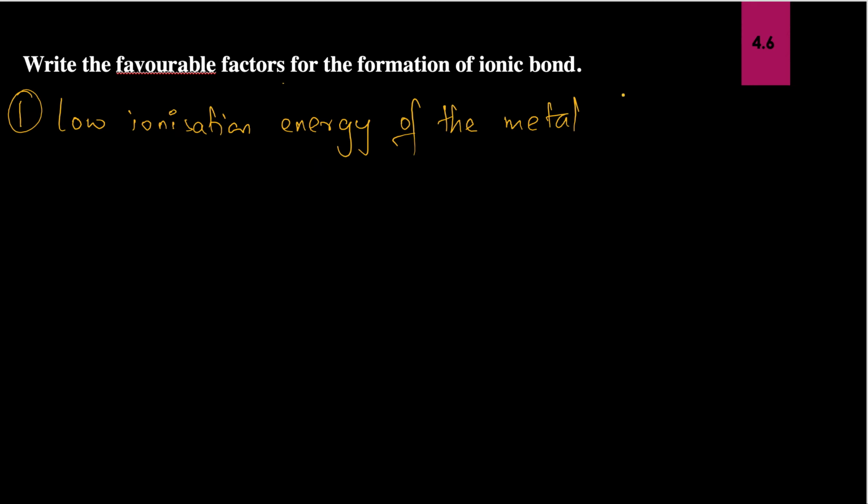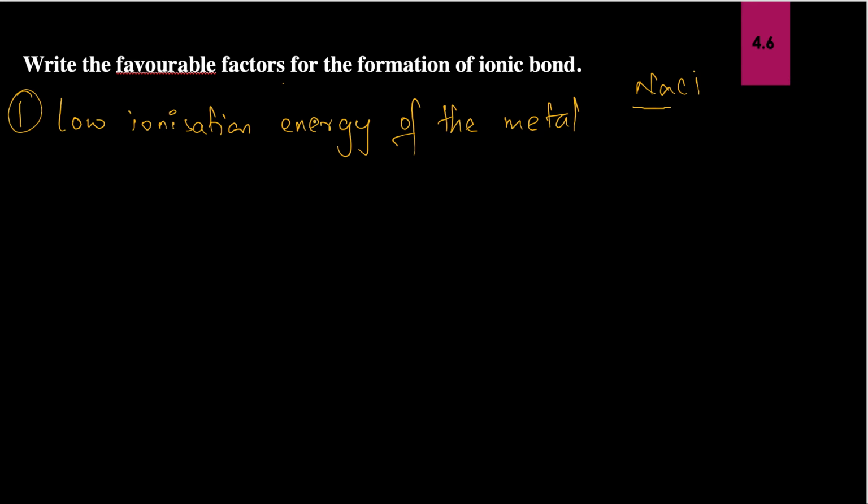Say for example, I have a compound NaCl. This is an ionic compound because sodium is a metal and chlorine is a non-metal. Sodium will give its electrons to chlorine, therefore it forms an ionic bond. Okay, so it says low ionization energy of the metal.